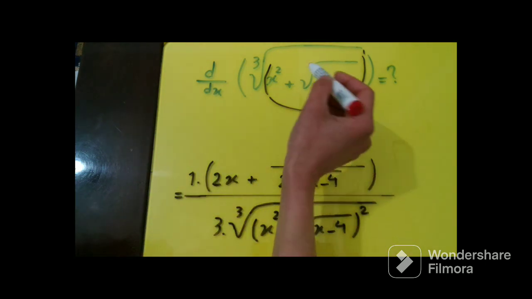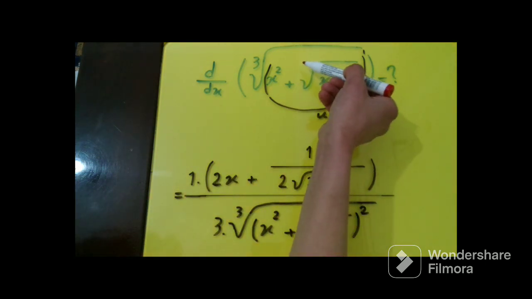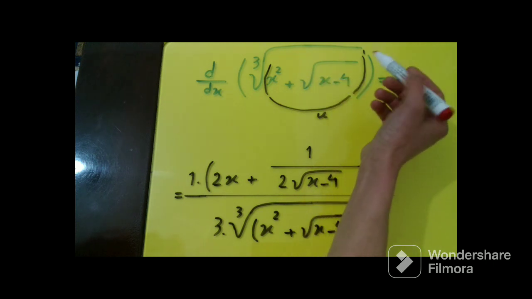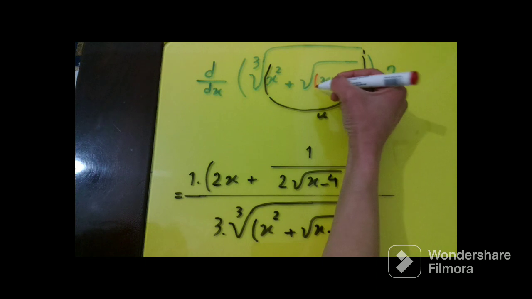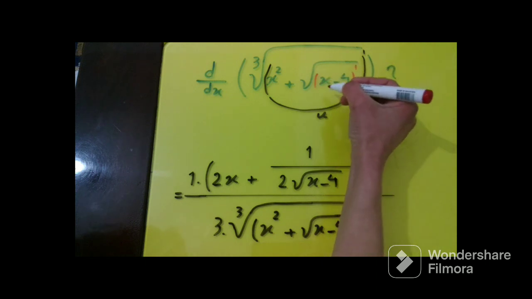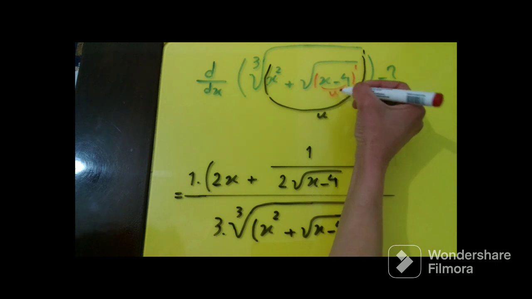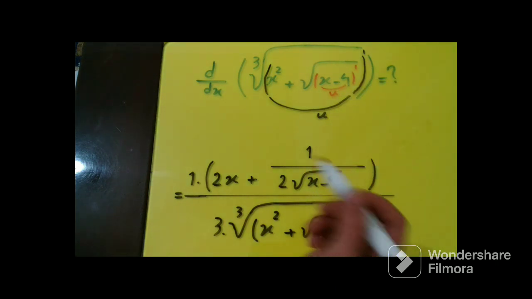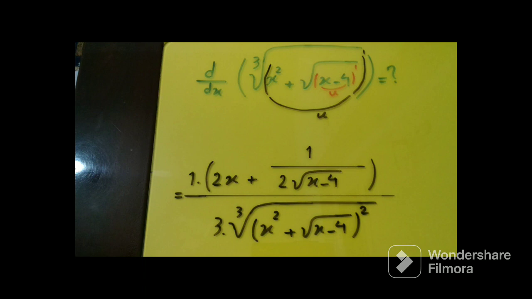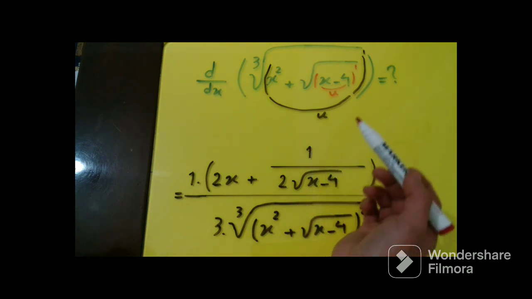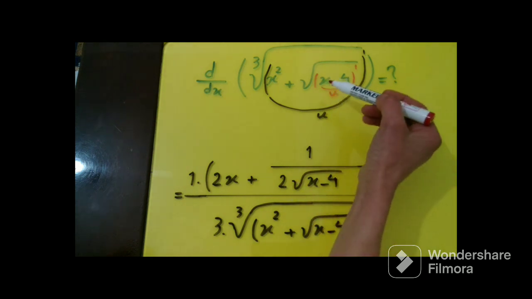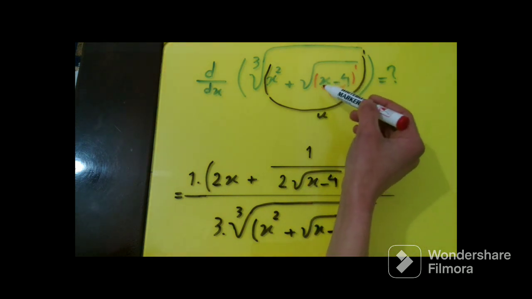So according to the formula, m is 2 and n is 1. And this term is u. So you should use the formula again. For up, it's u prime, as two terms are minus each other.